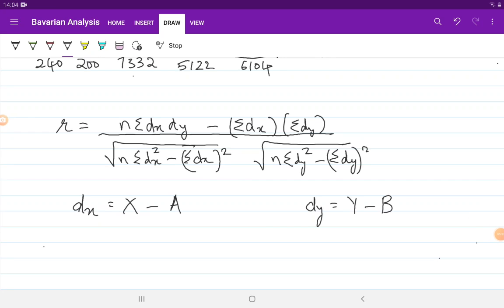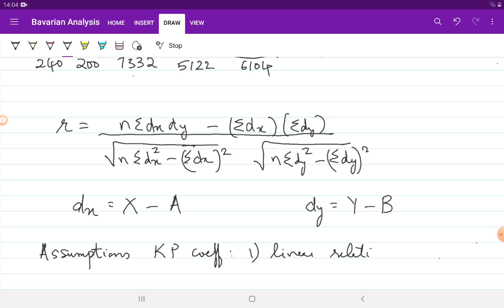Another point that I want to discuss is the assumptions about Karl Pearson's coefficient. There are three main assumptions. The first is that the nature of the association between the two variables under study is linear.